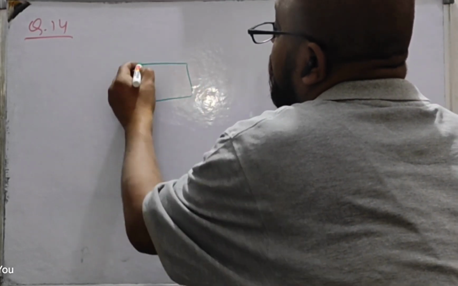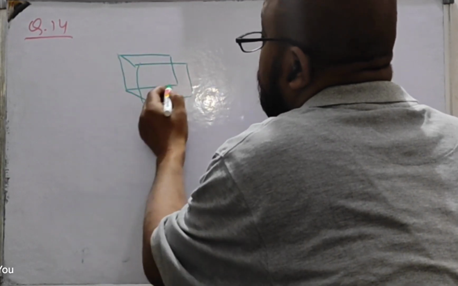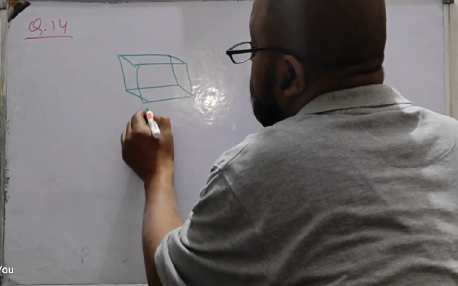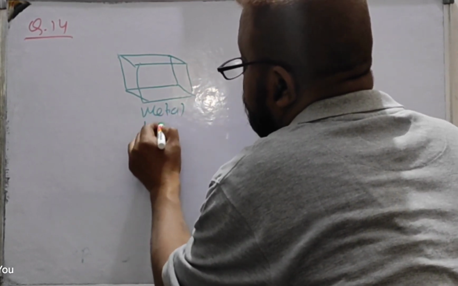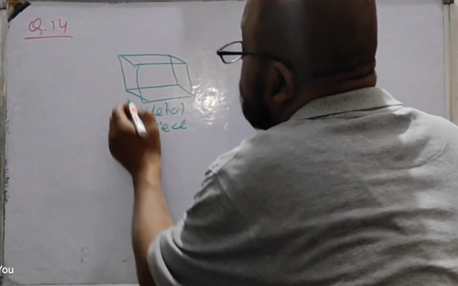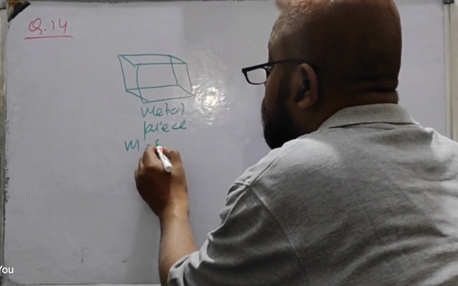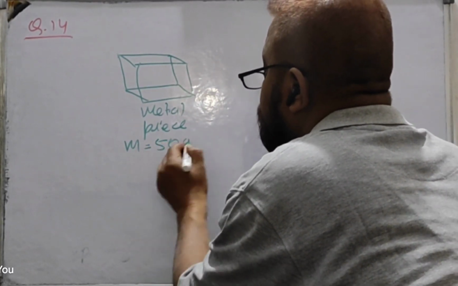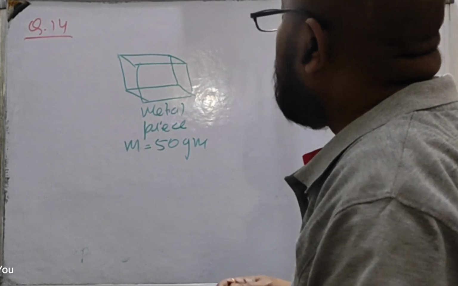There is a piece of metal, which has a mass of 50 gram.